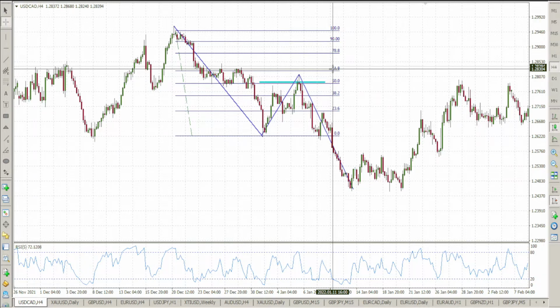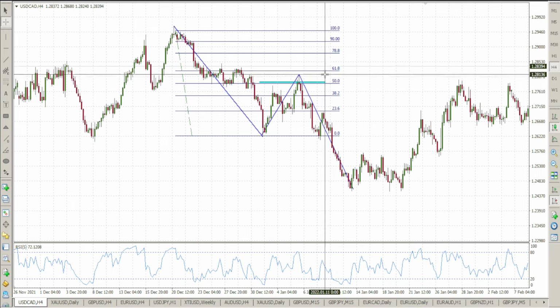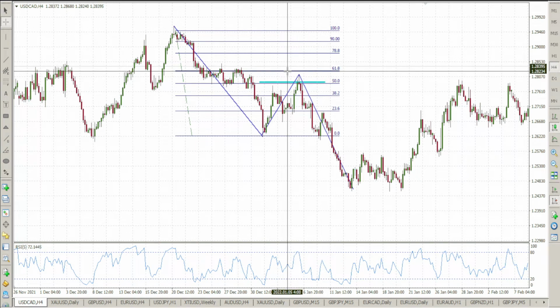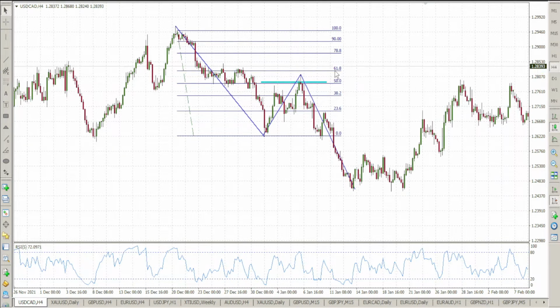I mean to say, the decisions I took near 61.8 were giving me nice profits, and even my clients as well. So this is a very important step, on which Fibonacci ratio or retracement you need to take a trade or take a decision.